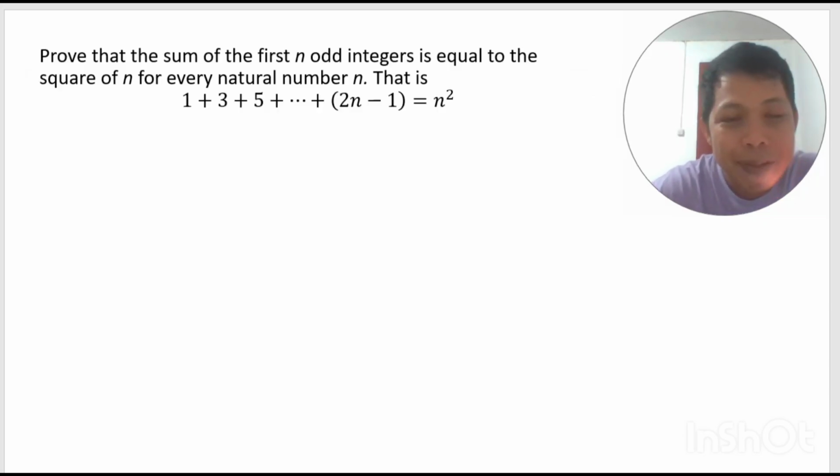Prove that the sum of the first n odd integers is equal to the square of n for every natural number n. That is, 1 plus 3 plus 5 plus and so on plus 2n minus 1 is equal to the square of n.